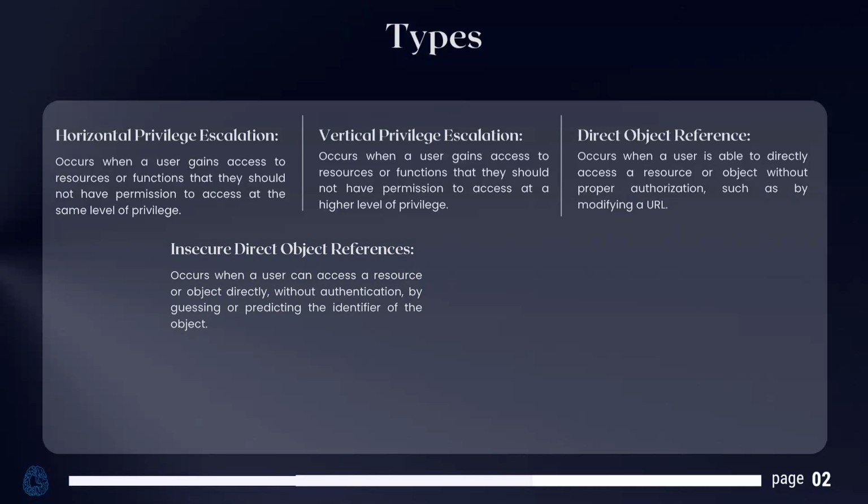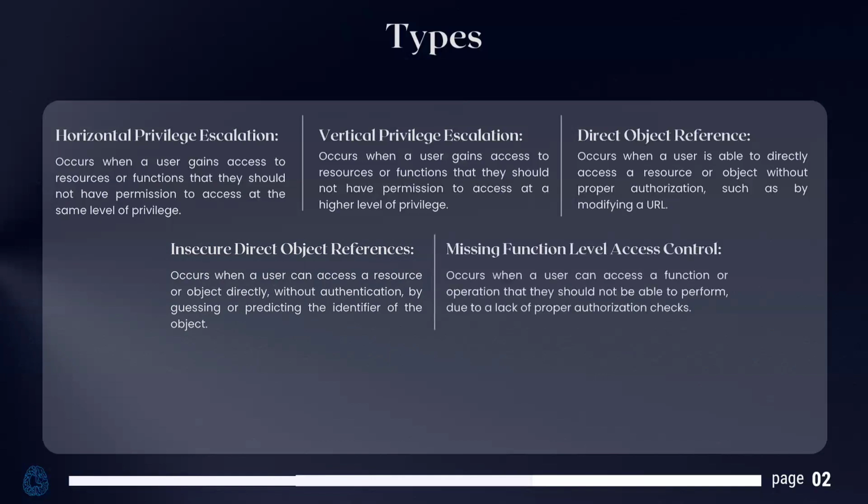So when I log in as user A, where A equals 1, A is my user ID. But when I change 1 to 2 and I'm able to see other user data, then it falls into insecure direct object reference.